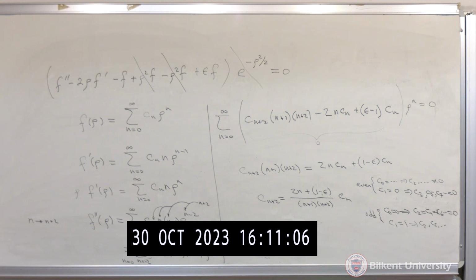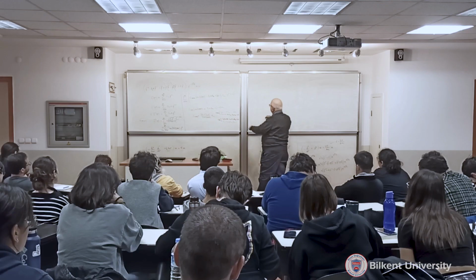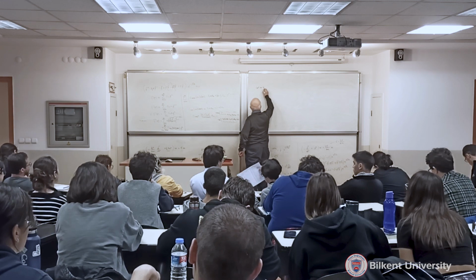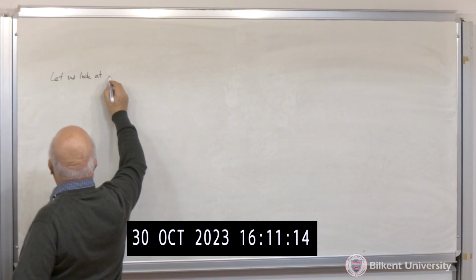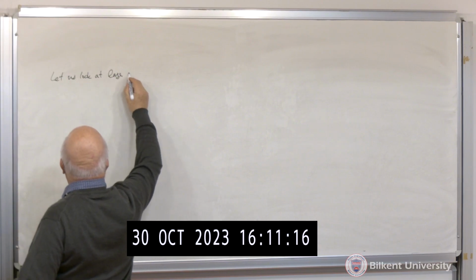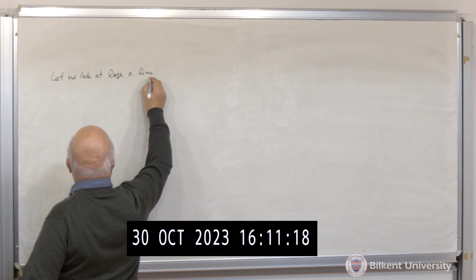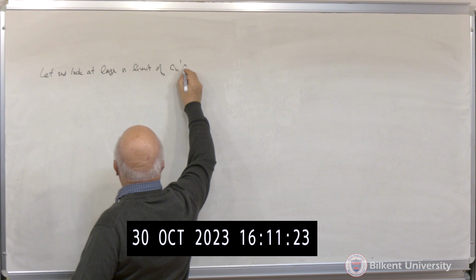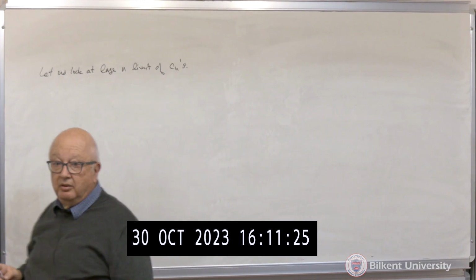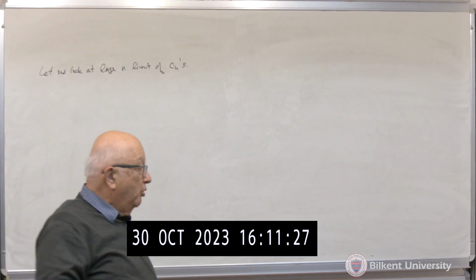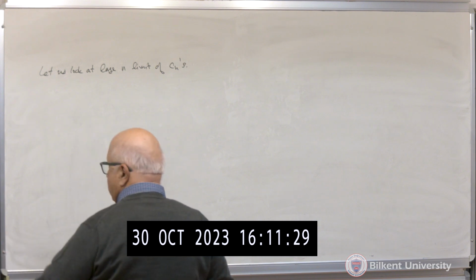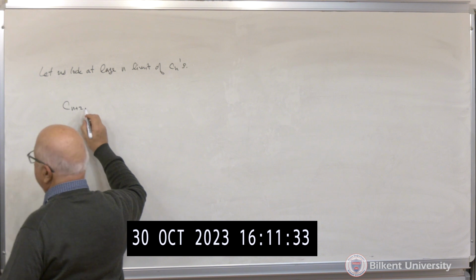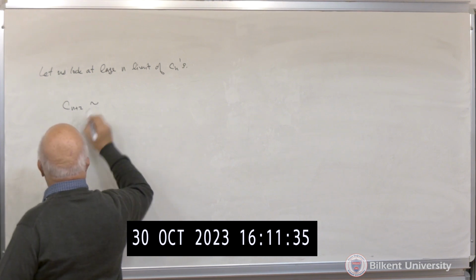So let us look at the large n limit of these Cn's. For large n, you see Cn plus 2 becomes what?